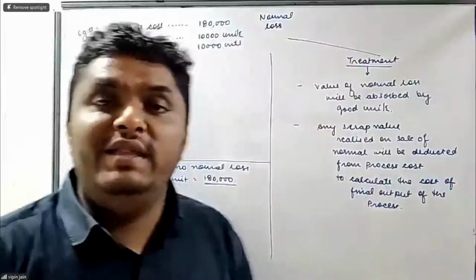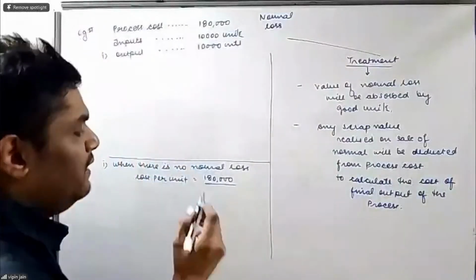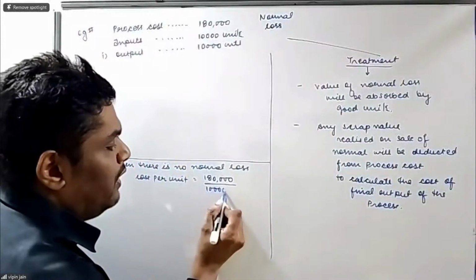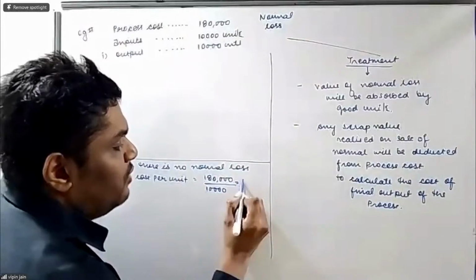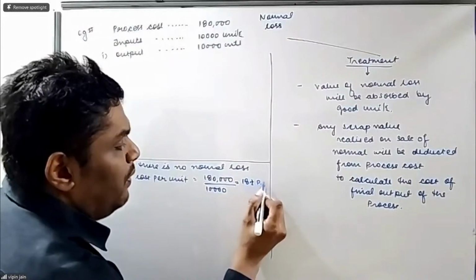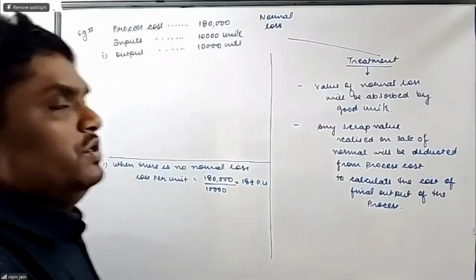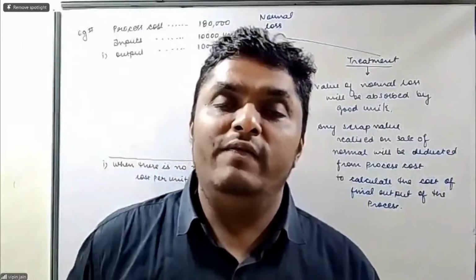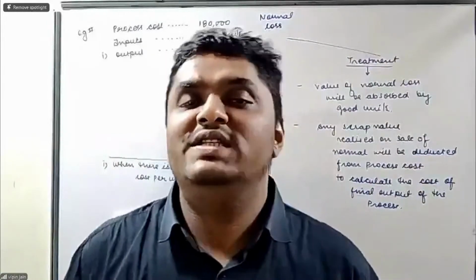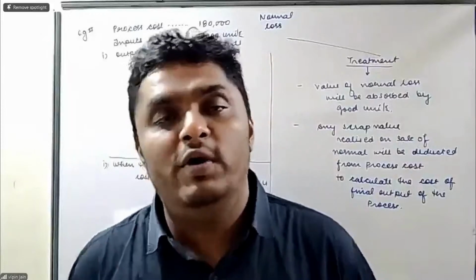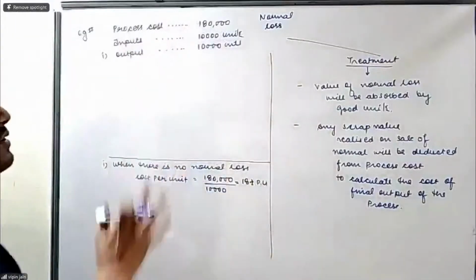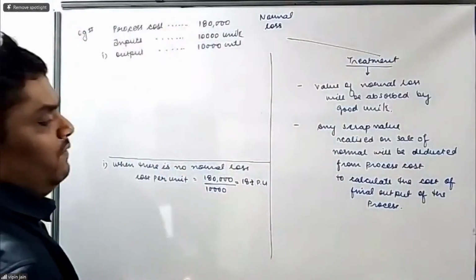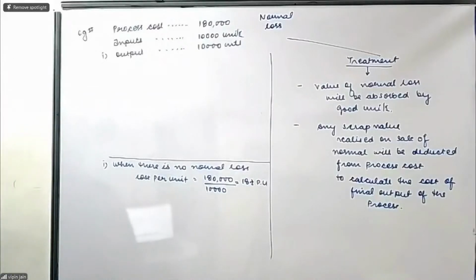So what will be the cost per unit? Very simple. 10,000 units will divide, and the cost per unit will be 18 rupees per unit. So if there is no normal loss, कोई भी normal loss नहीं है, then very simple, the total process cost divided by my output units. My output is also 10,000 units. So 18 rupees per unit will be the cost per unit.